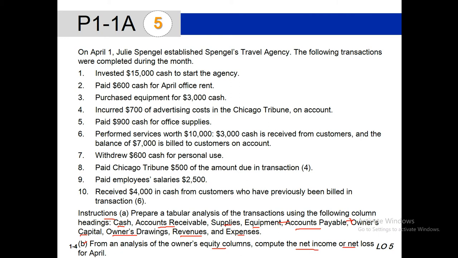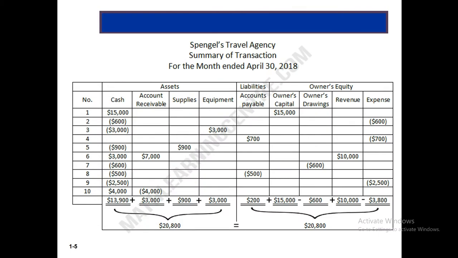Okay, so here we can see our column heads. The asset side: cash, accounts receivable, supplies and equipment. The liability side: only accounts payable. The owner's equity side: owner's capital, owner's drawings, revenue and expenses. According to the question, we have shown the column heads.